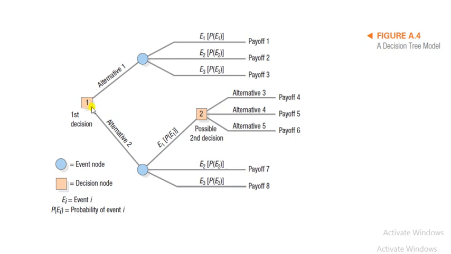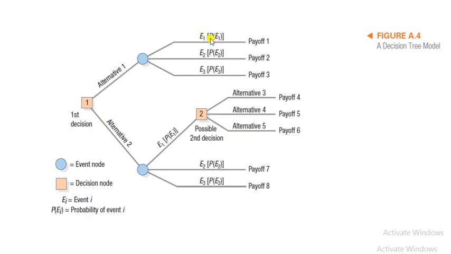As you can see in this slide, after the first decision you have two alternatives, alternative 1 and alternative 2, and if you are taking alternative 1, this alternative will have three kinds of events, represented by E1, E2 and E3, and these events are multiplied with the probability of every event.